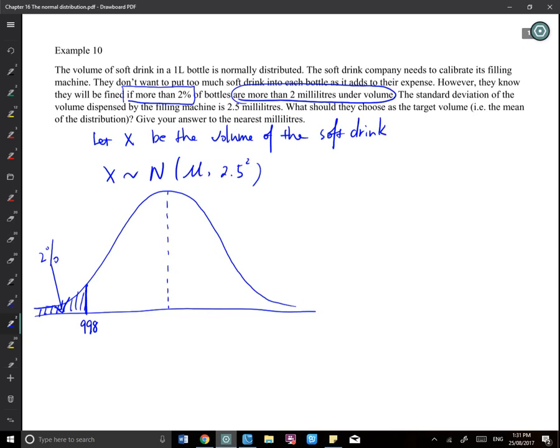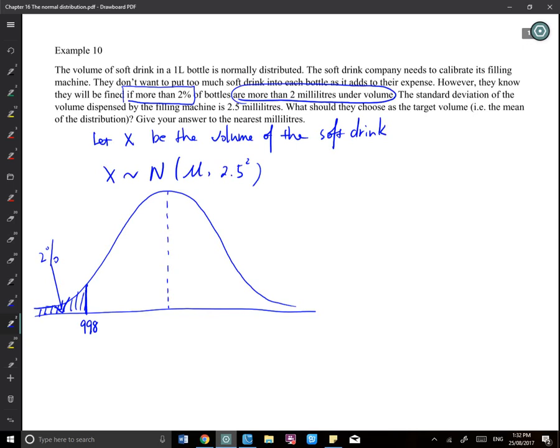Tell me something. Do you think a higher mean is better or a lower mean is better? If I set the mean as 998, is that working? No, it's 50% on the left. So that means I should set a higher volume as my mean.